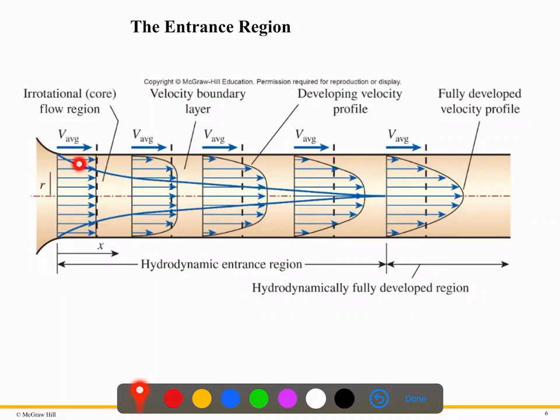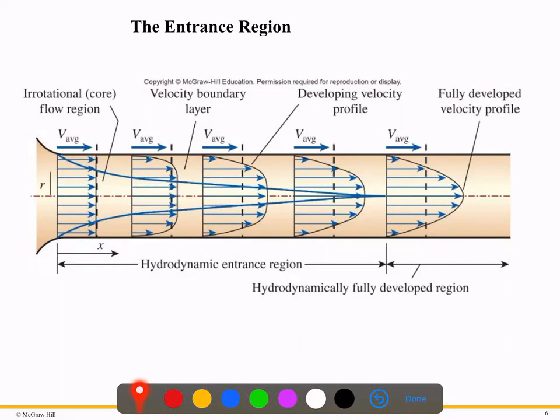Look at this arrow: it tells the fluid direction and the magnitude. At this point, all the fluid particles have the same velocity magnitude. When it starts moving, you will see at the center, the velocity magnitude is increasing.